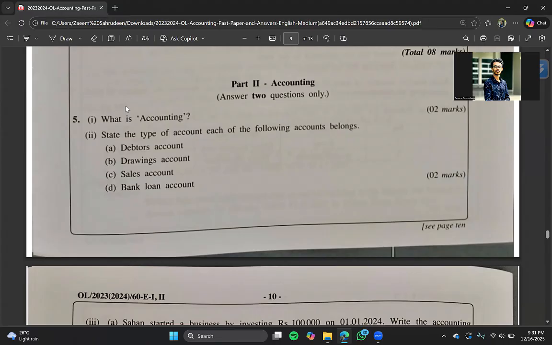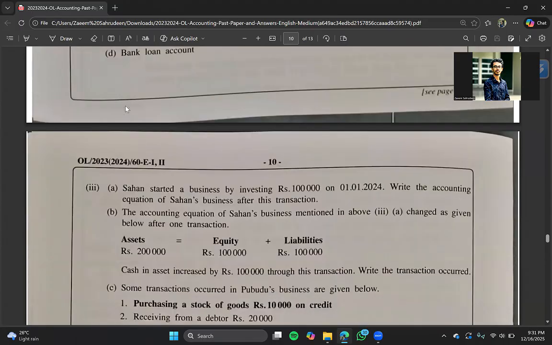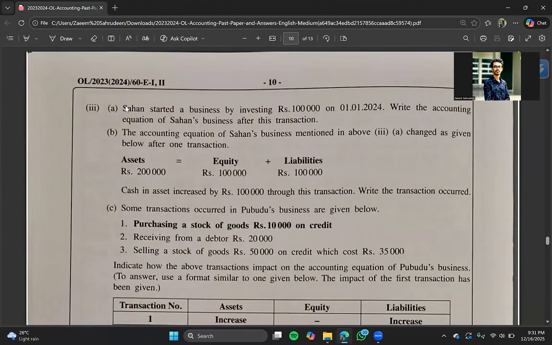Under this question, there is Roman number 2. They have to mention the type of accounts. Debtors account is an asset account, drawings account is an equity account, sales account is an income account, bank loan account is a liability account. Sahan started a business by investing 100,000 on 1st of January. Write the accounting equation after this transaction: asset increase in 100,000 cash, equity increase in 100,000 capital.